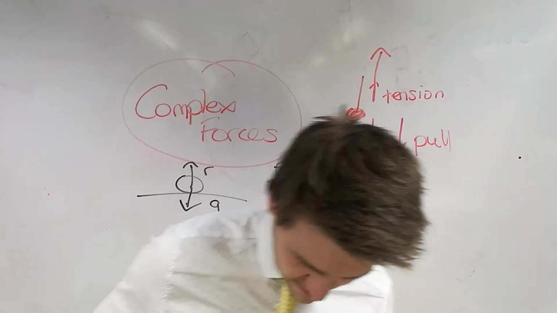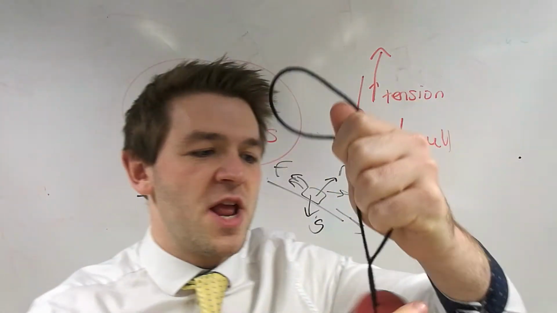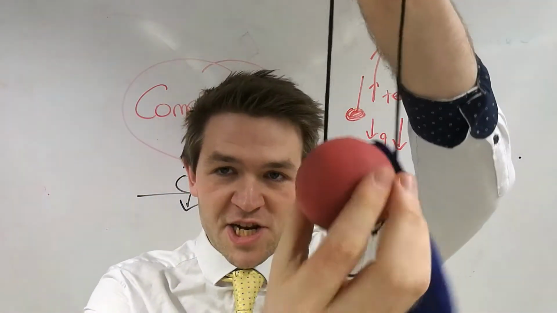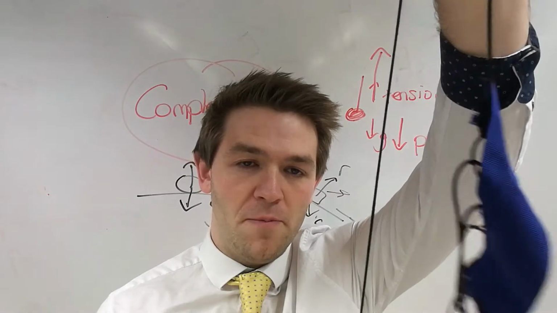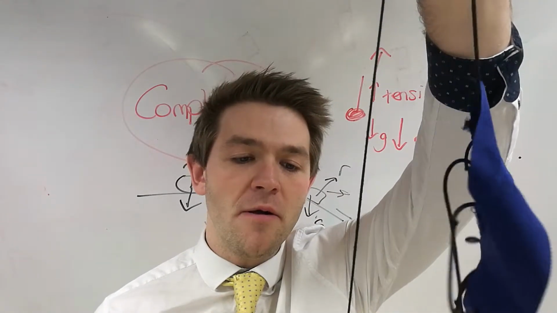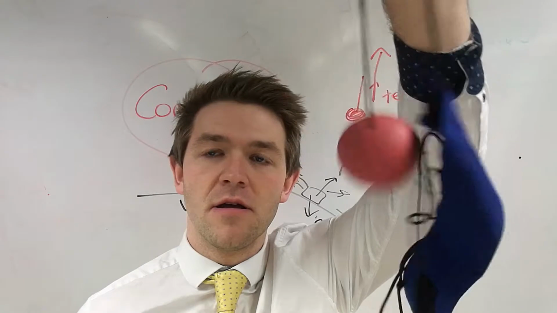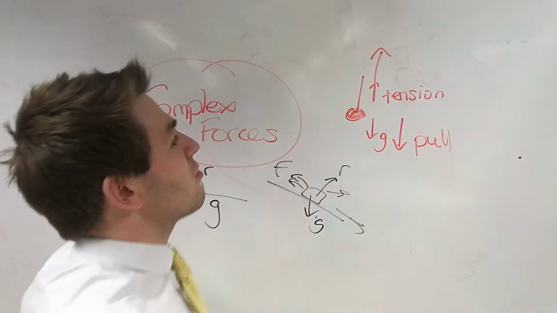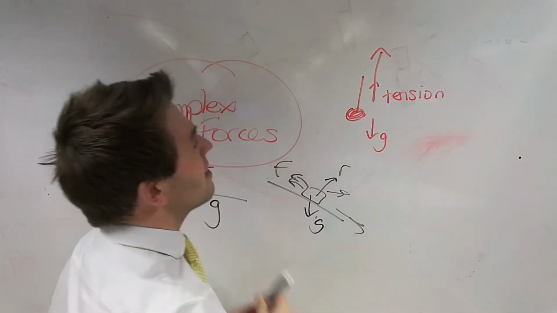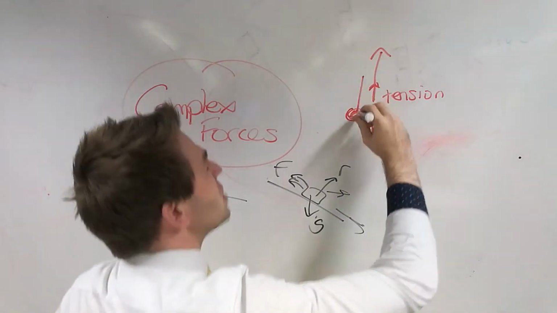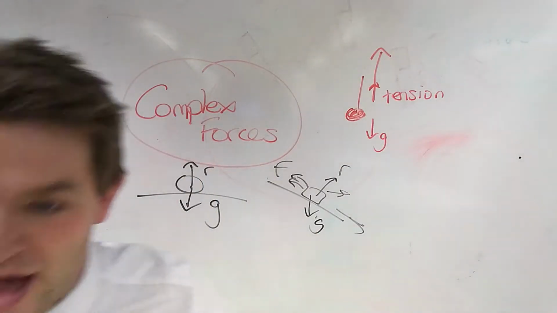As I pull, the string will get longer, making more tension happen. When I let go, the ball bounces up. The ball goes up because now, when I take that away, the tension is bigger, so it moves up in that direction there.